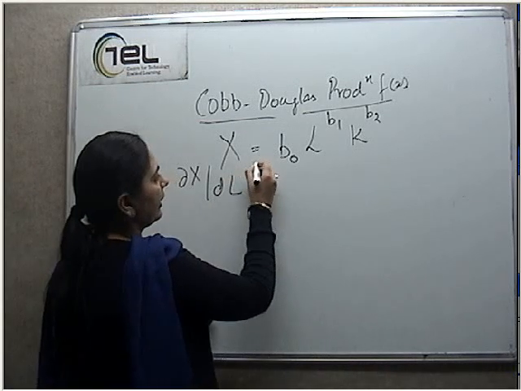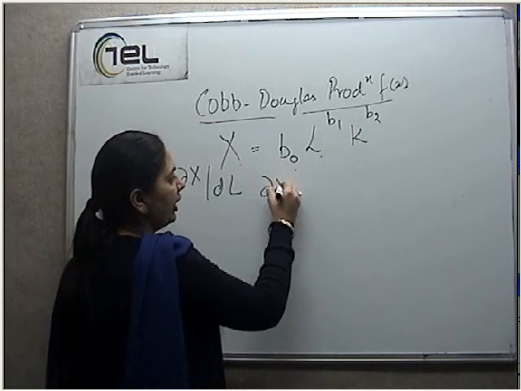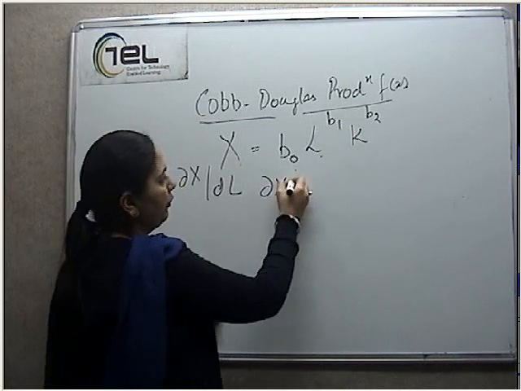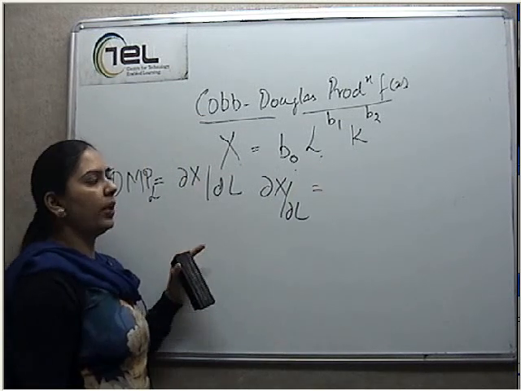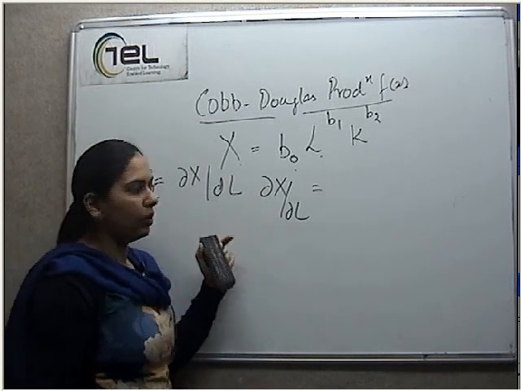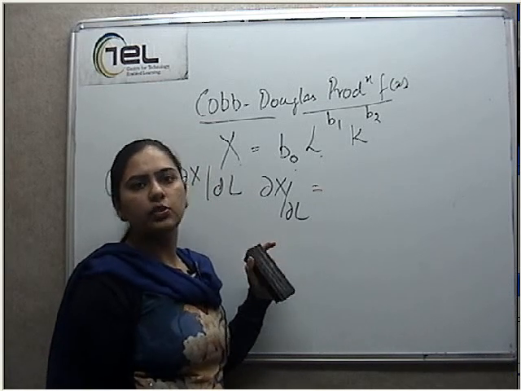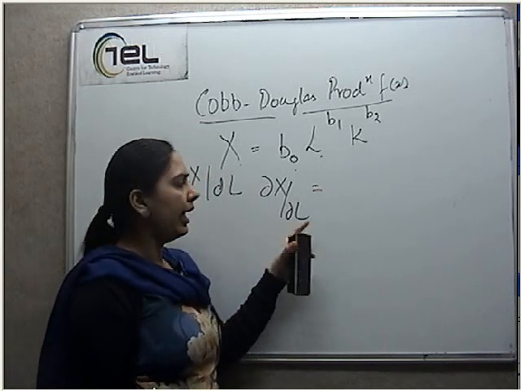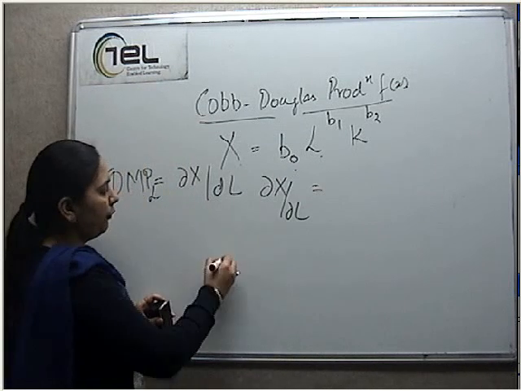My x is nothing but B naught L B1 K B2. Now I have to differentiate this level of output with respect to L. Those who are aware of how first differentiation is done would find it very easy. For those who are not, I'll give you one small example and then get back to this formula.